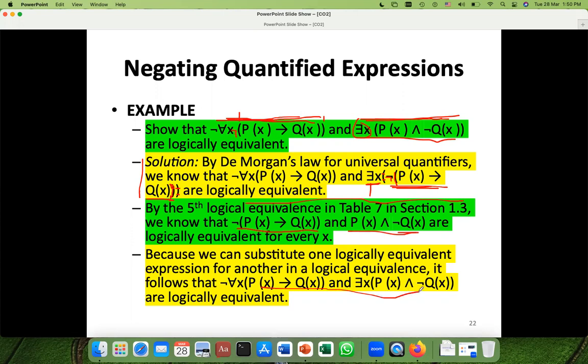It is written here: we started from statement 1, and after replacement of statements we reached statement number 2. So now you can say that these two statements are logically equivalent.